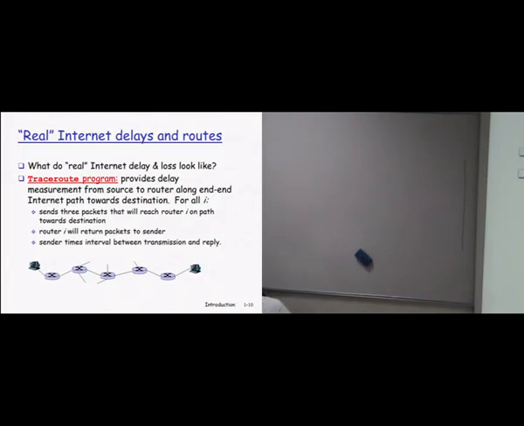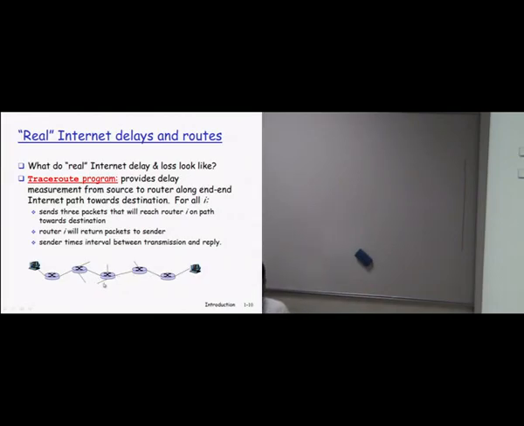It couldn't be equal, because there are other links on the router as well. It depends on the traffic condition, the traffic intensity. That is why we studied traffic intensity, because queuing delay is dependent on it.